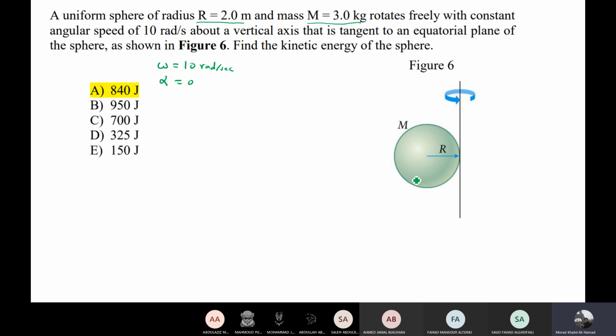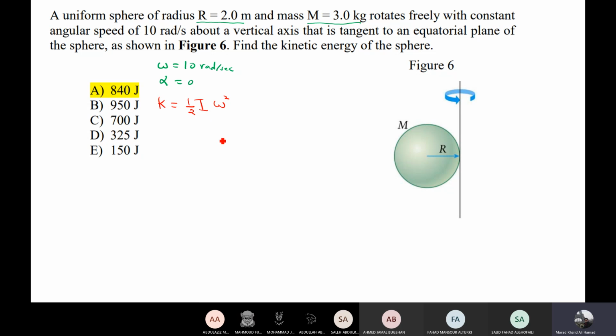Here we have the sphere. It rotates about this axis. It's fixed at this point with the axis, and it rotates here. We need the kinetic energy. If you remember, kinetic energy is equal to half I omega squared.